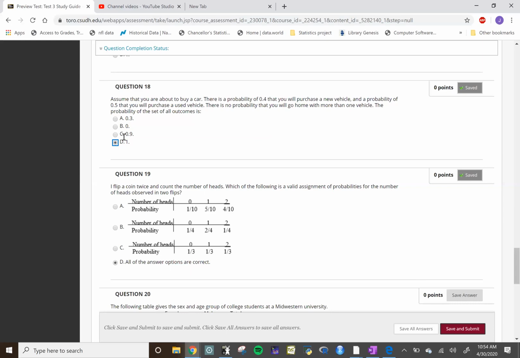So that's kind of a little trick question, because even though they don't mention that 0.1, since they say all outcomes, you include that outcome too. If they ever say find the probability of all outcomes, you should always know it adds up to 1, because all of these, when we added them, always added up to 1. So that's 18. Any question in regard to 18?